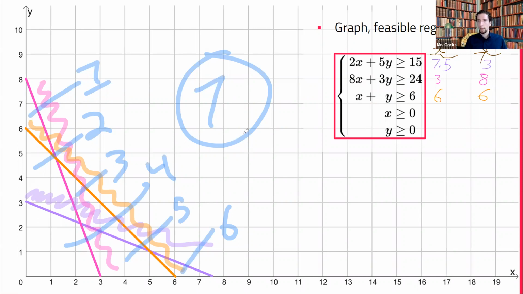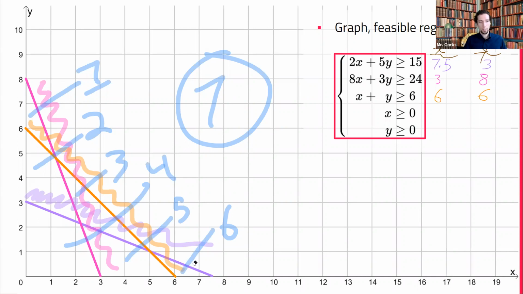Okay, why 7? Because everything is greater than, so every single area is lifting up to that one. Okay, so everything is above. It's kind of common sense. Okay, it has to be the highest possible one.